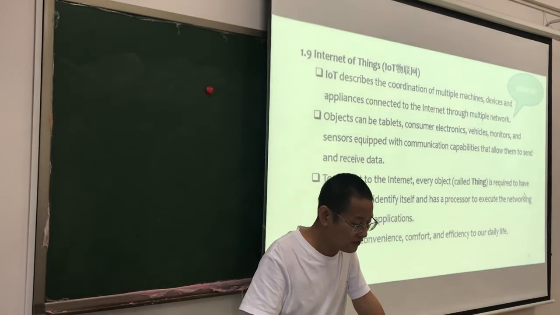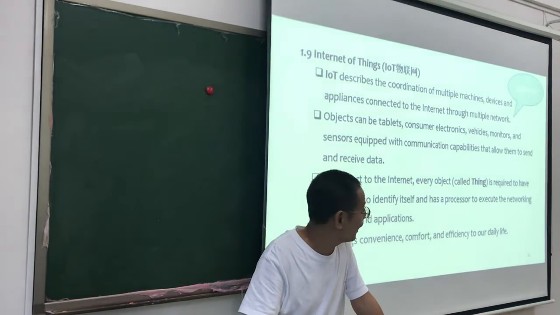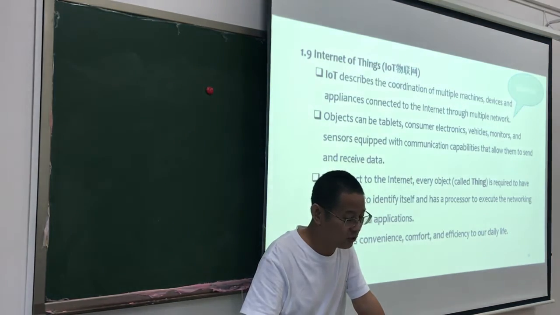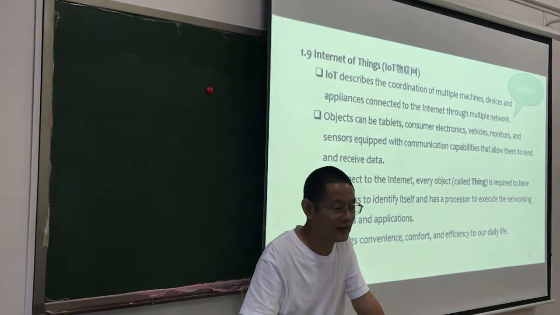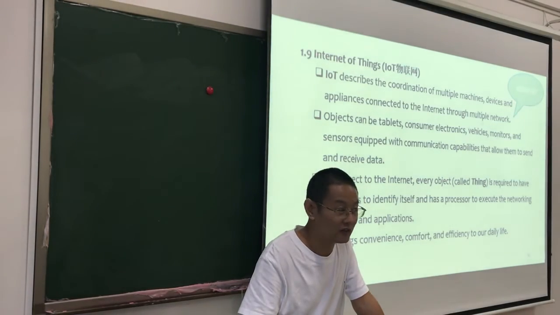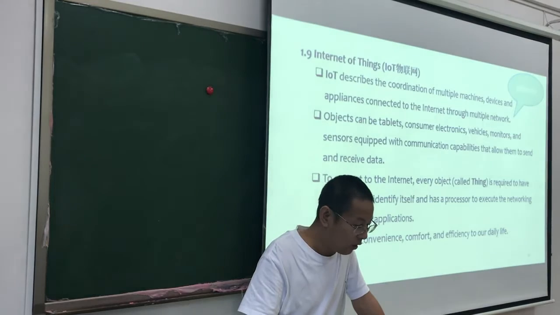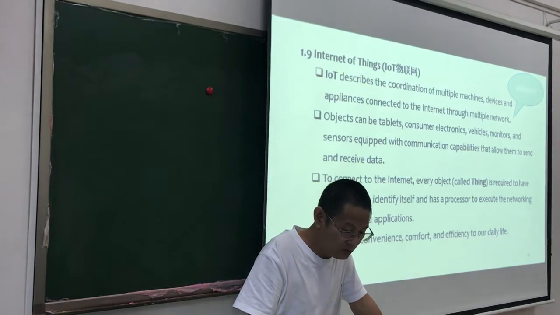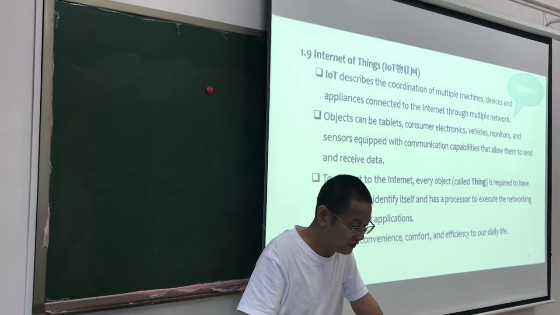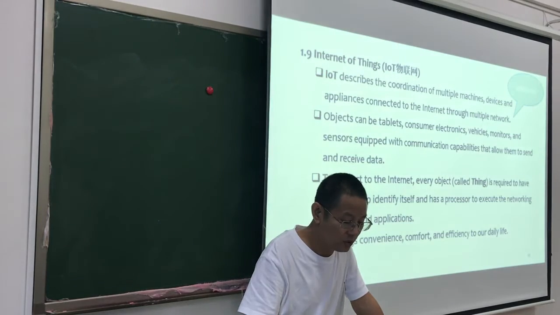The Internet of Things, in Chinese we call it 物联网, is connecting everything. IoT describes the coordination of multiple machines, devices, and appliances connected to the internet through multiple networks.